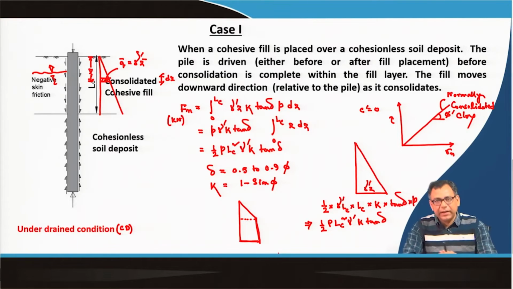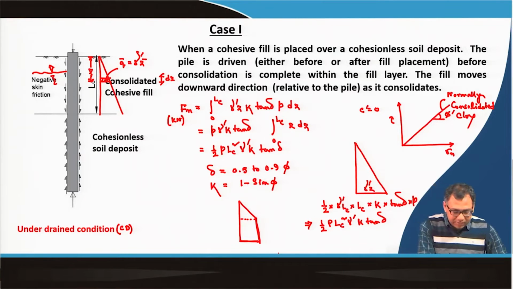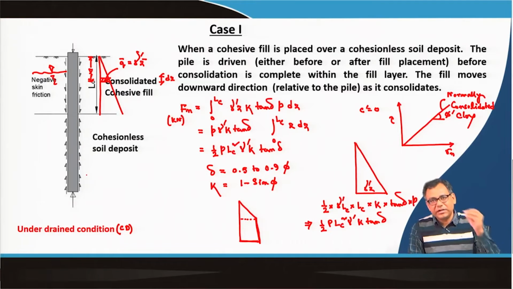Remember that in this first case, the negative friction will be due to the fill movement only. The lower cohesionless soil will not have any significant effect on the negative skin friction value. The lower cohesionless soil will give the upward friction resistance as I have shown, and that upward friction resistance will increase due to the application of this fill, because the effective overburden pressure will increase for the cohesionless soil also.